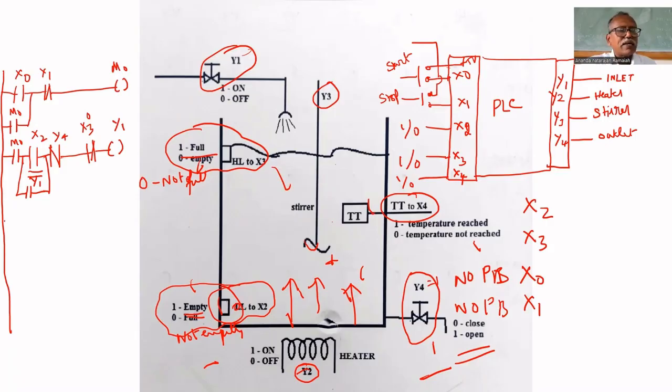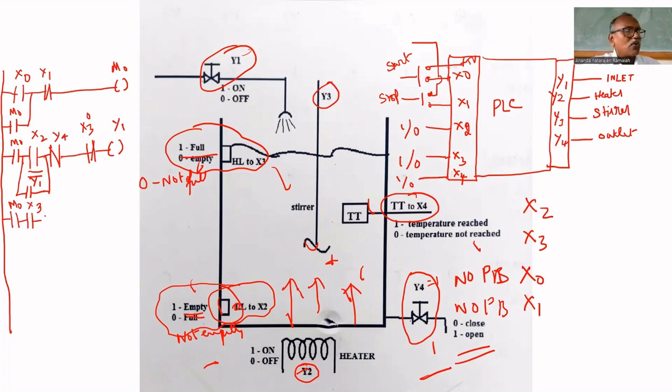The tank is full and the program is turned on, M0. Tank full means X3 equals 1, so we can put X3. Only when the tank is full do we turn on the heater and the stirrer. Any other thing?